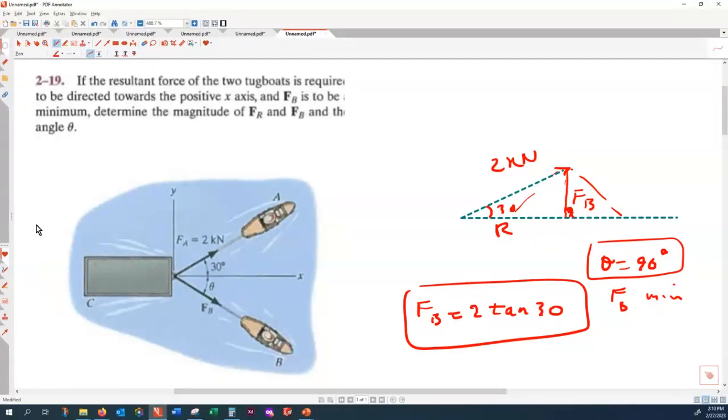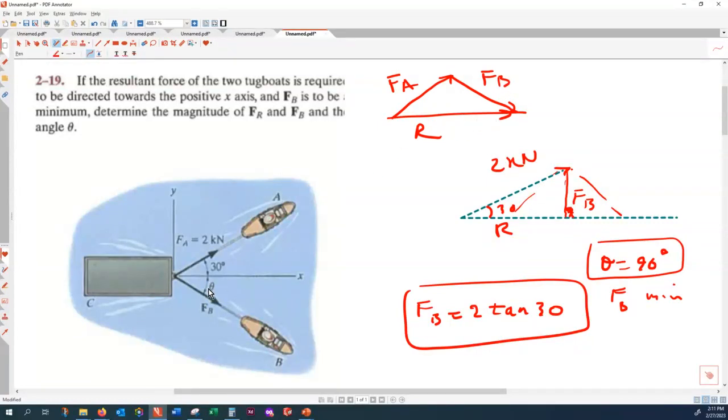Everyone with me, or do you want me to explain in a different way? All you have to do here is draw a triangle which shows FA, resultant and FB in equilibrium. In the general case, your equilibrium would be like that. So this is R, this is FA, and this is FB.